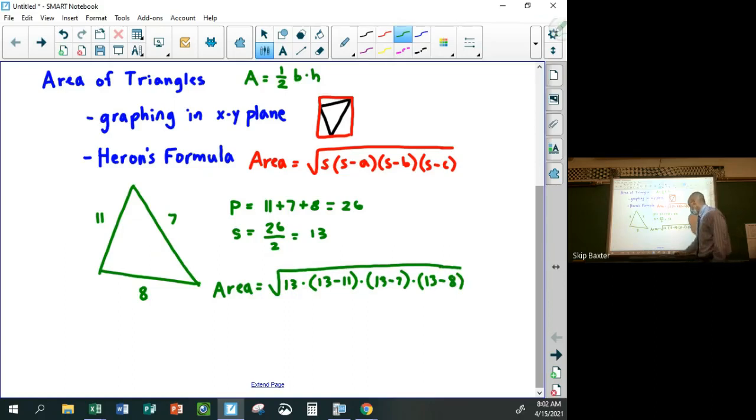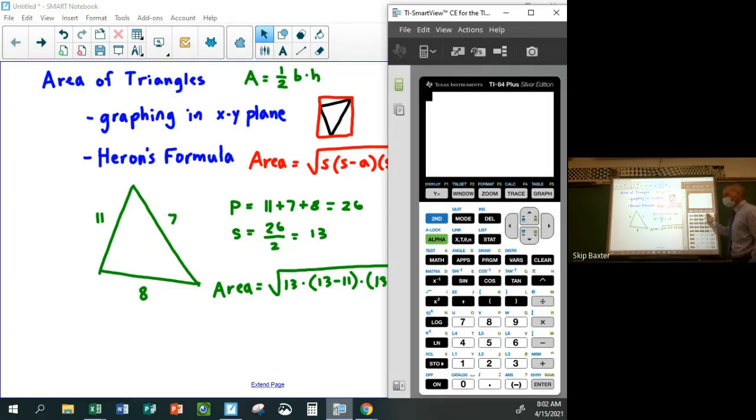Then you just do this on your calculator. So you can do it all at once on your calculator. You can use Desmos or whatever, it would be the square root of 13 times 13 minus 11 is 2, times 13 minus 7 is 6, times 13 minus 8 is 5. And that's it, the square root of that whole product.